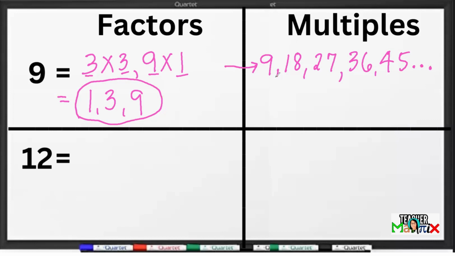Napapansin naman natin, no? Yung difference nila between 18 and 9, diba? 18 and 9, di syempre 9. Then 27 and 18, the difference is 9. Then 36 and 27, and difference is 9. Then 45 and 36, difference is 9.